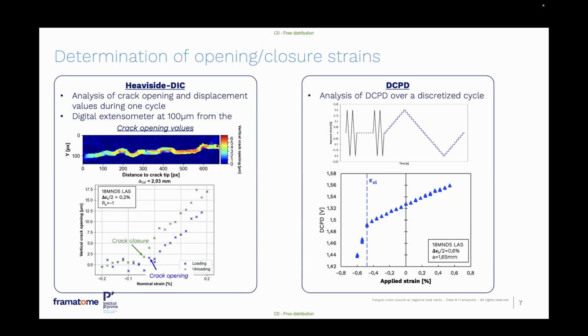This one, where we have a slight variation of the potential as a function of the strain, can be attributed to crack tip blunting or things like that. And this abrupt transition and large variation of the potential as a function of the strain corresponds with the part of the loading cycle where the crack is closed.